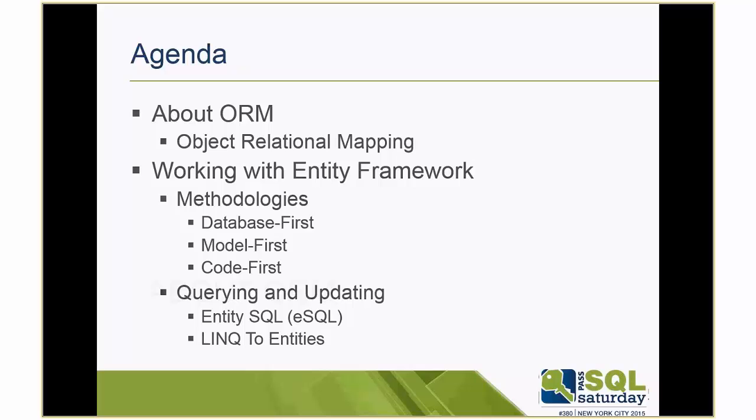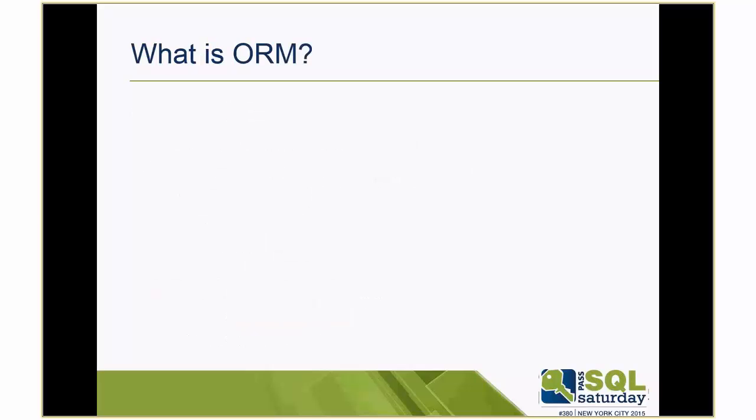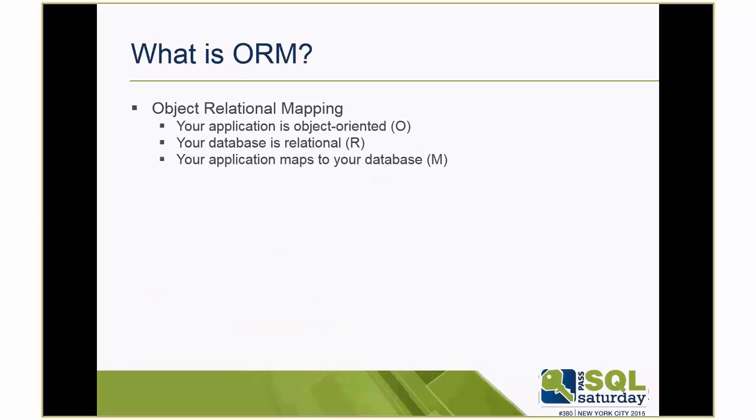So Object Relational Mapping, ORM, is a very simple concept, assuming that you're dealing with an object-oriented application that you're building. That's the O. And assuming you're dealing with a relational data store, not a NoSQL store, as is becoming increasingly popular, but a relational store, such as SQL Server. That's the R, that's your database.